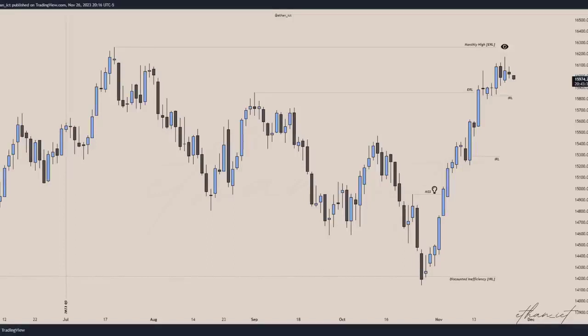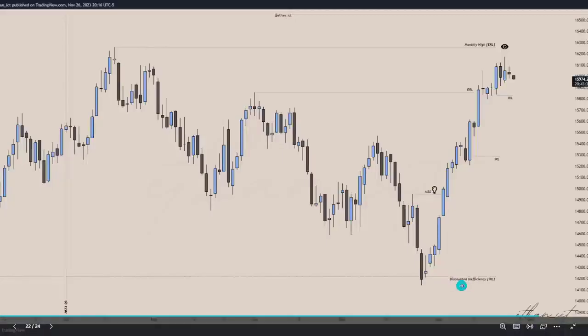So from here, we get the market structure shift that confirms the continuation of the monthly bullish range. And essentially, that brings us to where we are today and why I have been so bullish on NQ in November. So from here, we had that market structure shift after tapping into a monthly level.